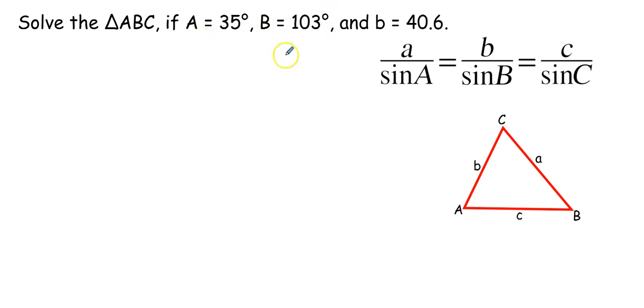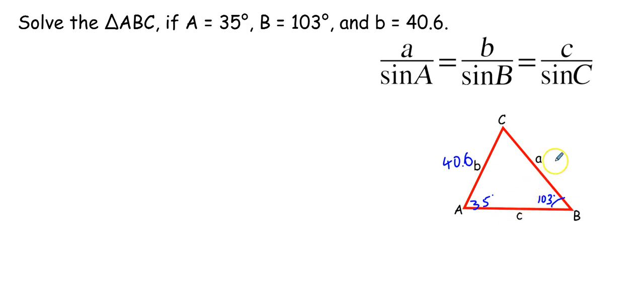For A, which is 35 degrees, you have 35 degrees. B is 103. Of course, B is an obtuse angle here, but it's just a rough figure. And 40.6 is the measure of this b.